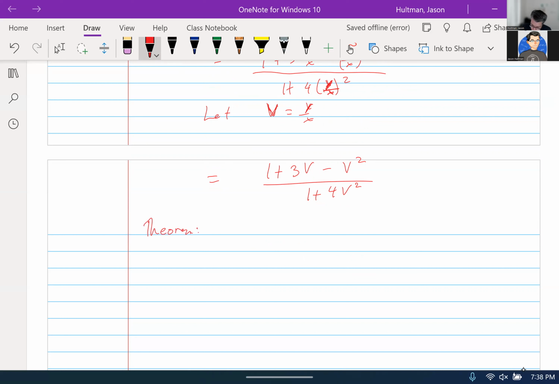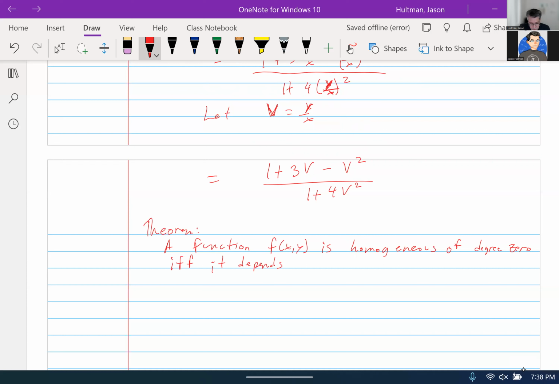Theorem. A function f of x, y is homogeneous of degree 0 if and only if it depends on y over x only.